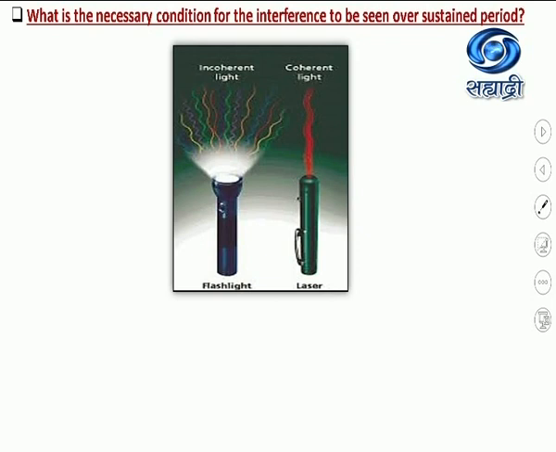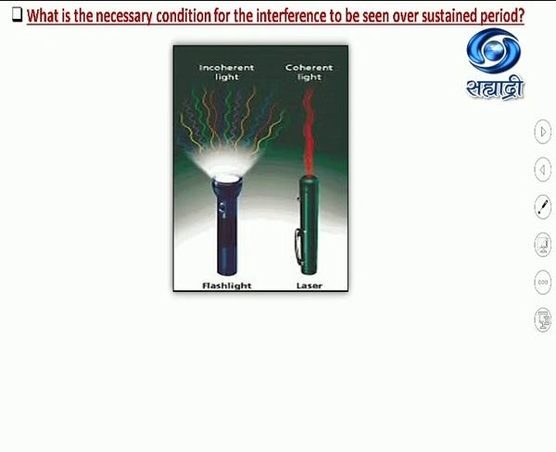So this light has different wavelengths, they have different frequencies, and the waves are not in phase, or they do not have constant phase difference between them. Such a light is called incoherent light, and the source which emits such light is called an incoherent source of light.